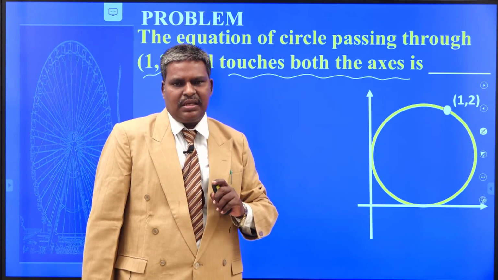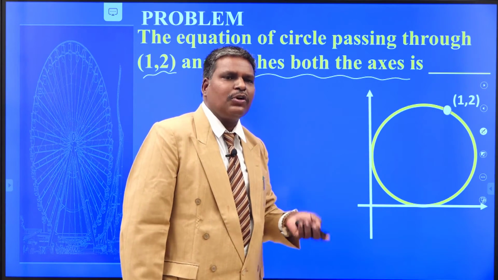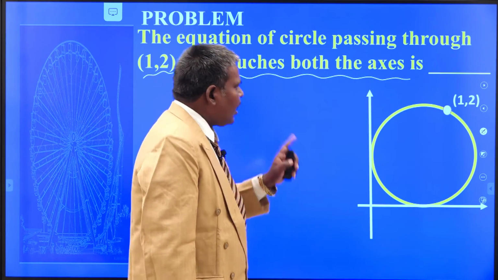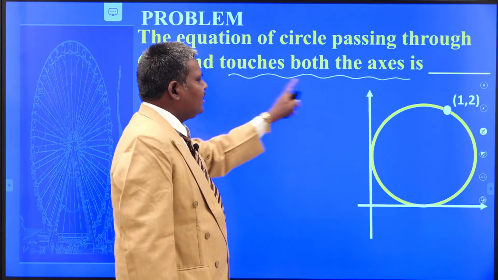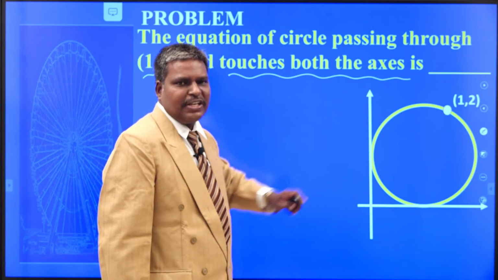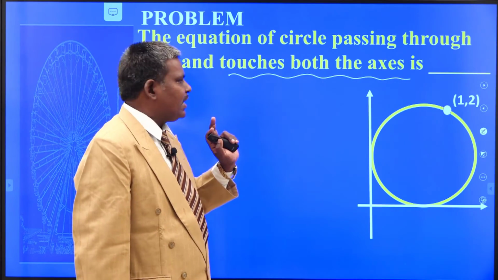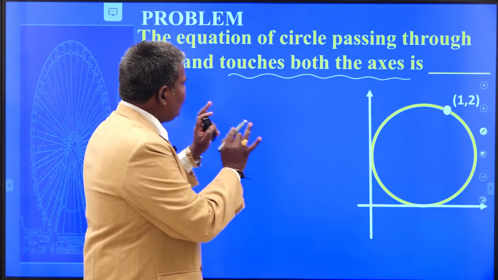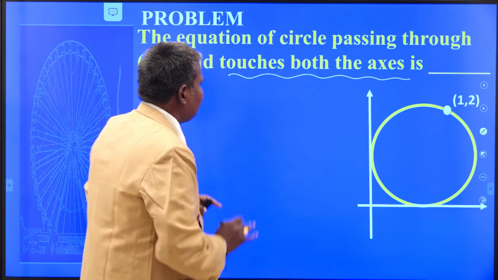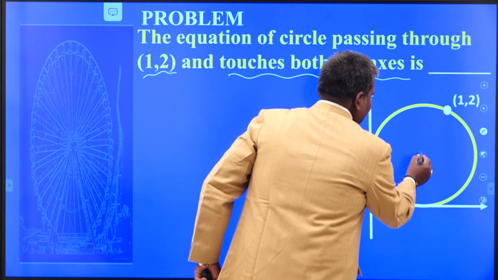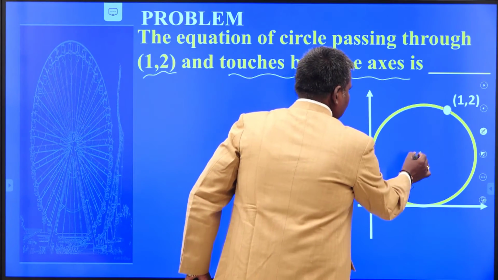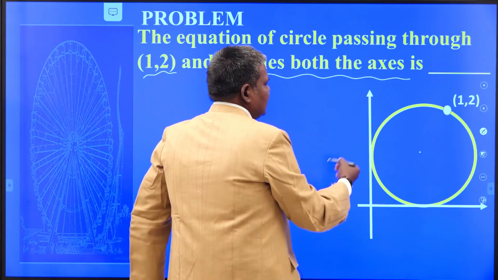Where is it? Is it in the first or second or third or fourth quadrant? Now, if it is in the first quadrant, then your entire circle must be in the first quadrant. If it is in the second quadrant, the circle must and should be in the second quadrant. So, for this problem, your center is in the first quadrant, the entire circle also is in the first quadrant.